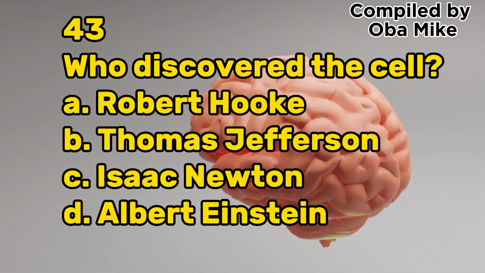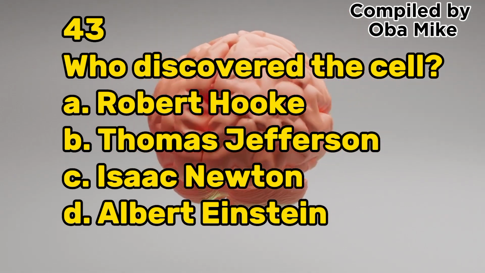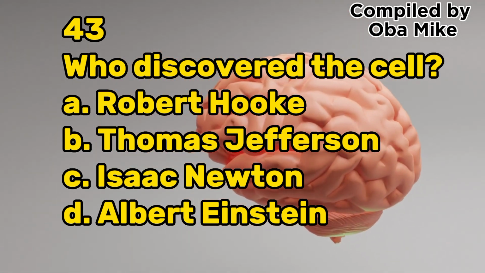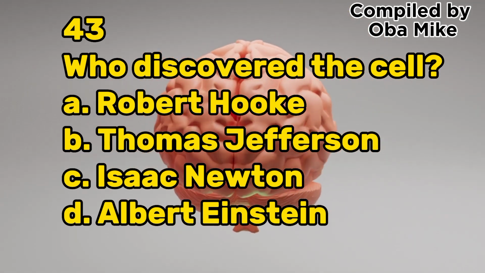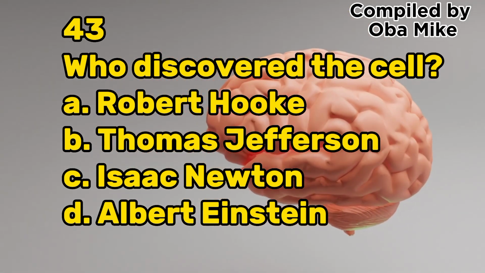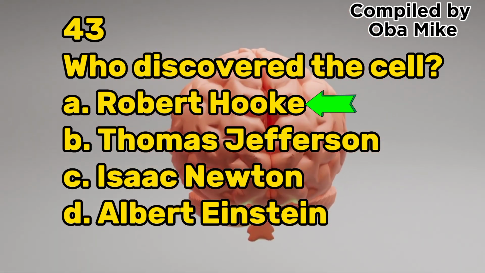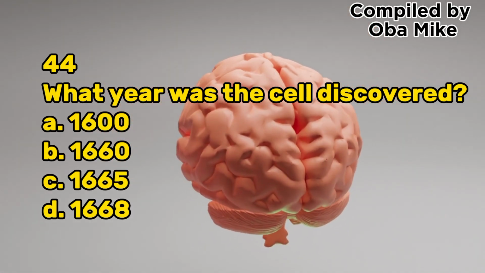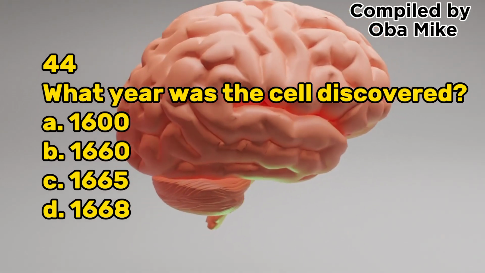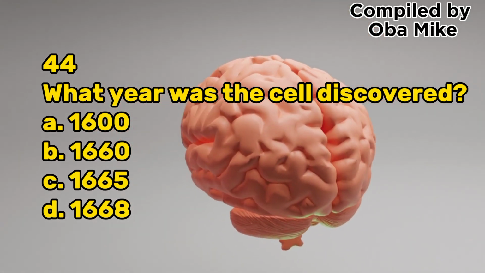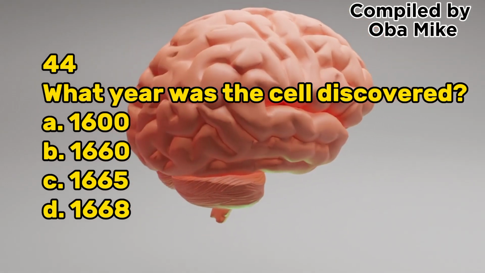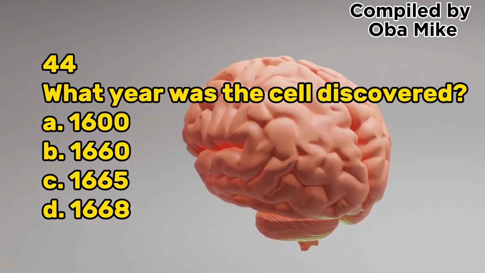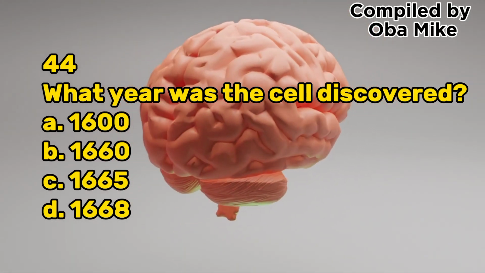A. Robert Hooke, B. Thomas Jefferson, C. Isaac Newton, D. Albert Einstein. 44. What year was the cell discovered? A. 1600, B. 1660, C. 1665, D. 1668.